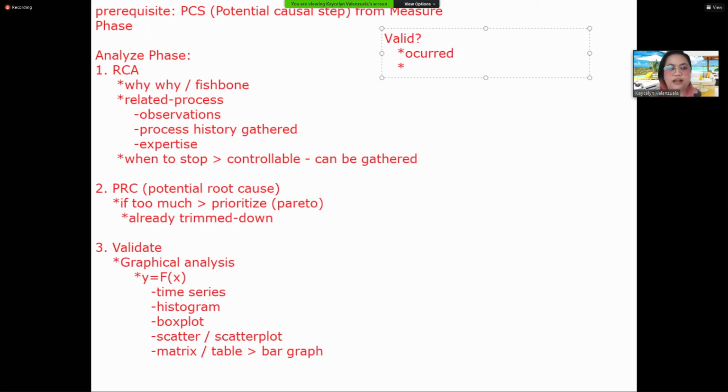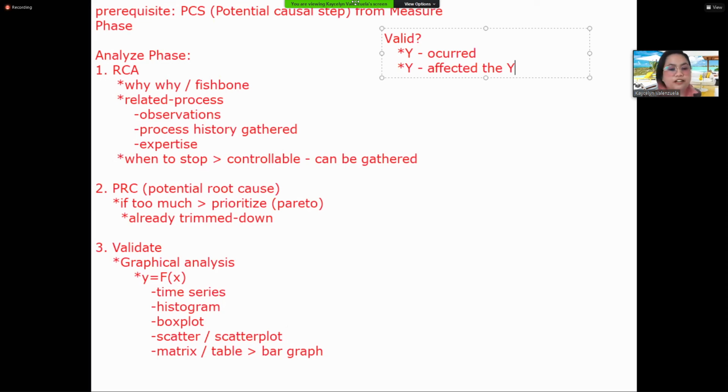Okay, correct, Joshua. If it affected the Y. Okay? So it's not necessarily always lead time, di ba? Okay? So if nag-occur ba siya? Yes, kasi na-present ko siya in a data. Did it affect my Y? Yes. So then it is a valid root cause.